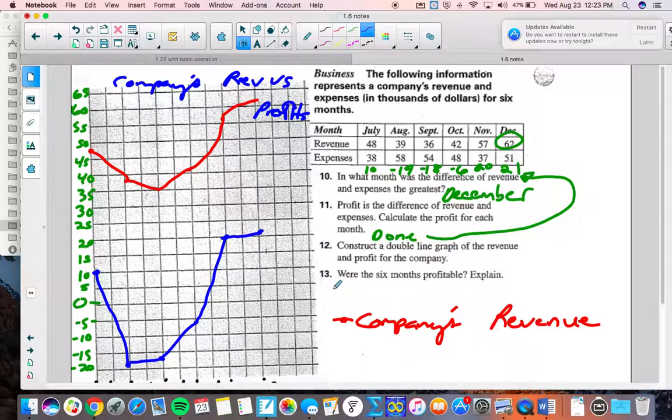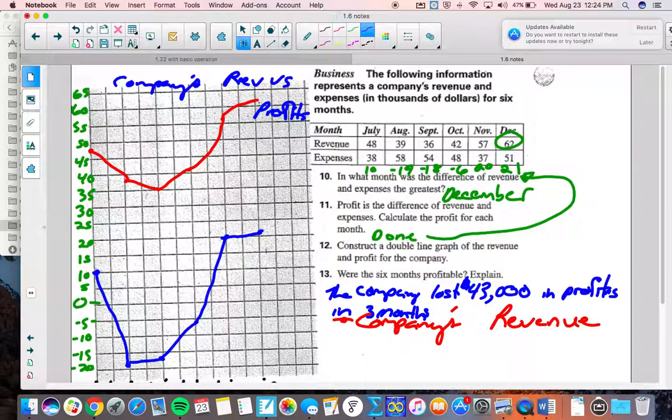So the company lost $43,000 in profits in 3 months, but gained 51,000 in the other 3.